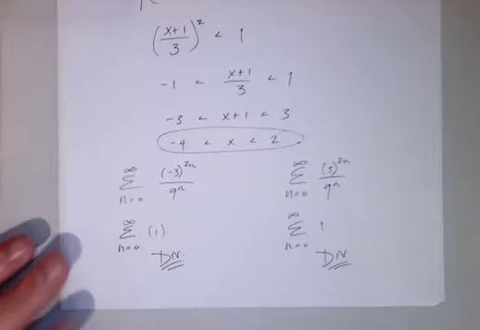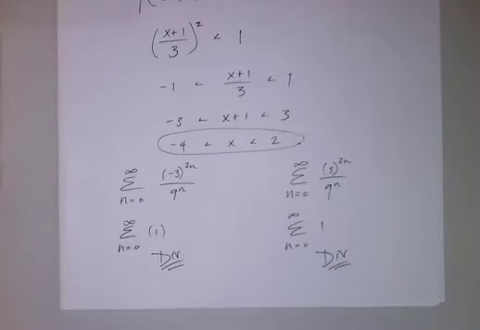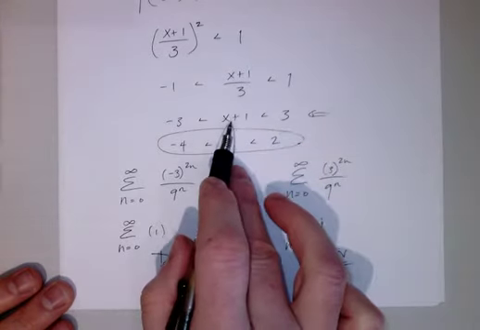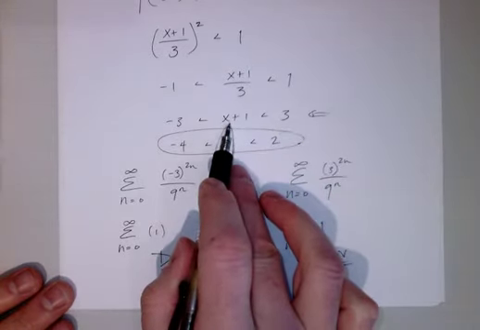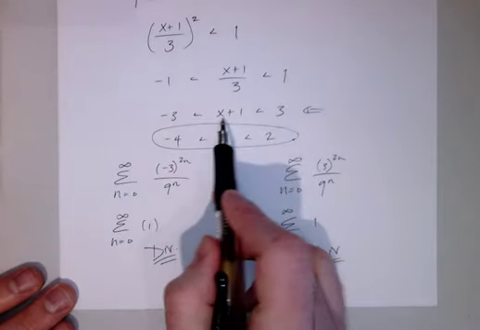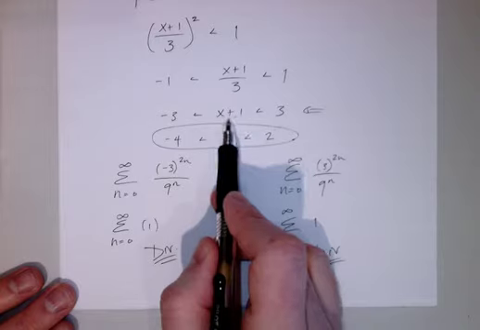That right there is your interval, okay? What is your radius? Well, the radius is 3, right? The radius comes from this step right here. It's being centered at negative 1. So if you compensate for the centering by adding 1 to it, how far does it go in either direction?